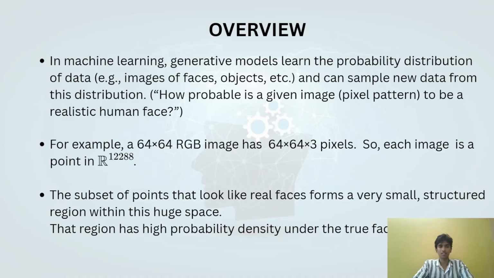That's what generative models try to do. They try to approximate the true probability distribution of something and they try to replicate it. That's what I've written here. The subset of points that look like real faces actually form a very small structured region within this huge space, and hence we can find out the probability distribution of the true face distribution.